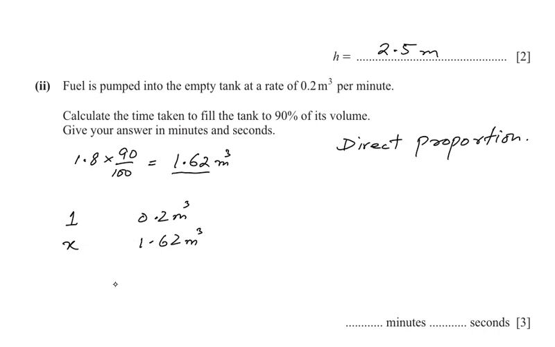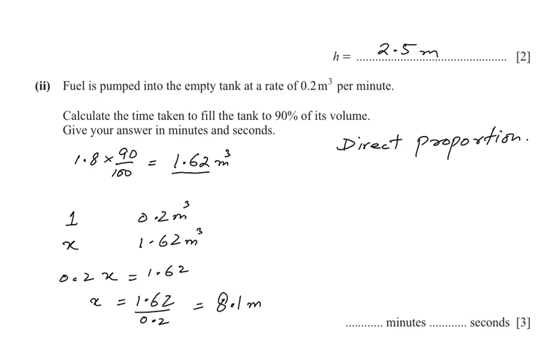As this is direct proportion, we multiply in cross way. So 0.2x equals 1.62 multiplied by 1, and x equals 1.62 divided by 0.2, which becomes 8.1 minutes.